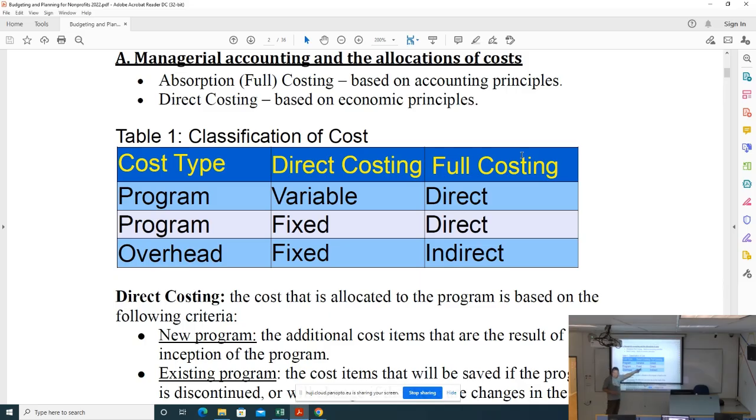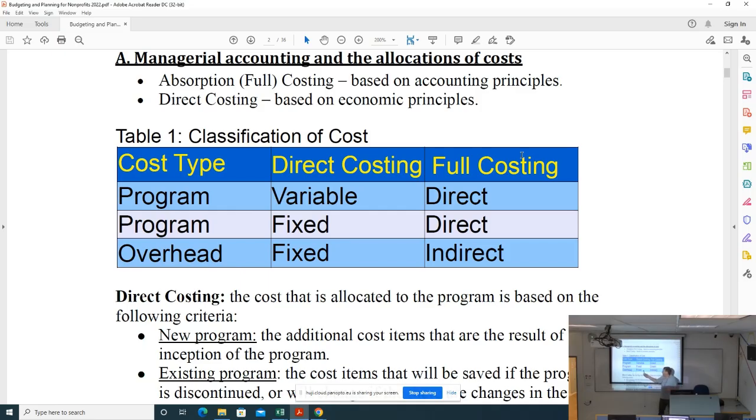We have program fixed, which are expenses that are by definition program, like the rent of the facility, like the professional oversight, like the medical clinic that provides services to the entire organization. But they are fixed because they are not affected by the existence of any specific program. Okay, they're program, but they're fixed.